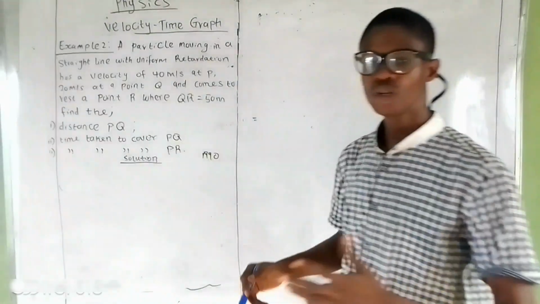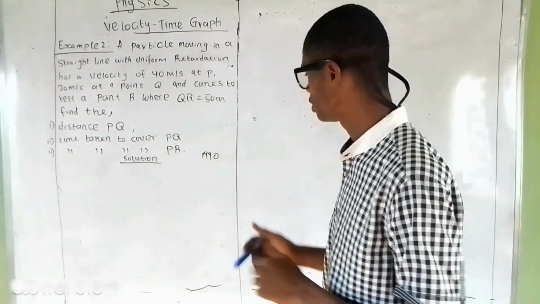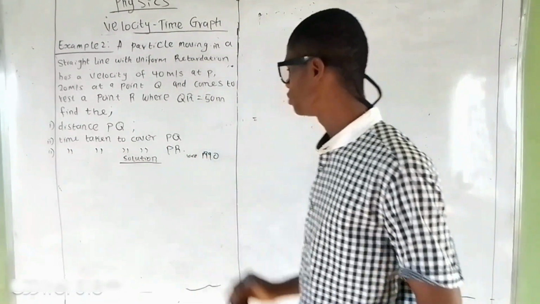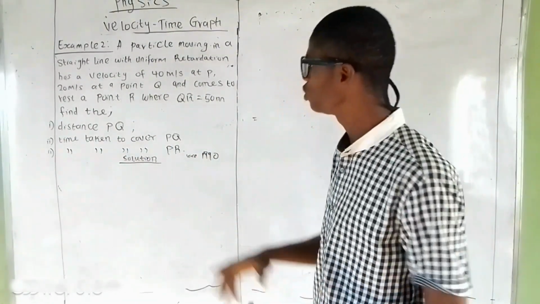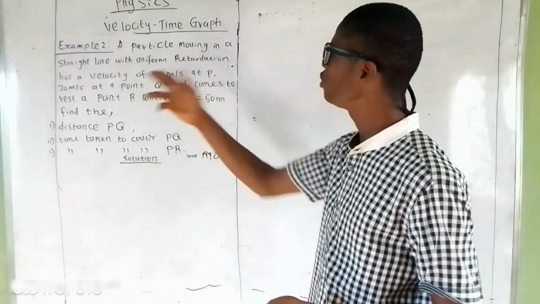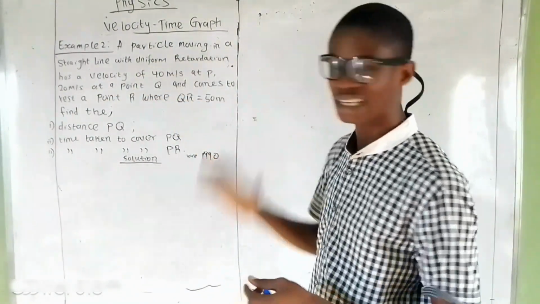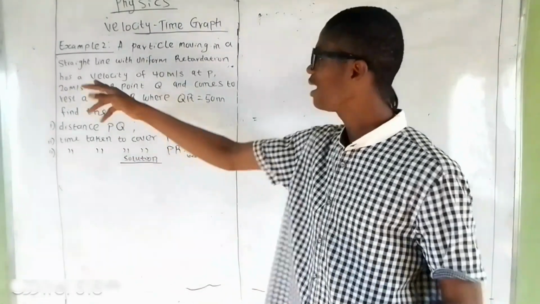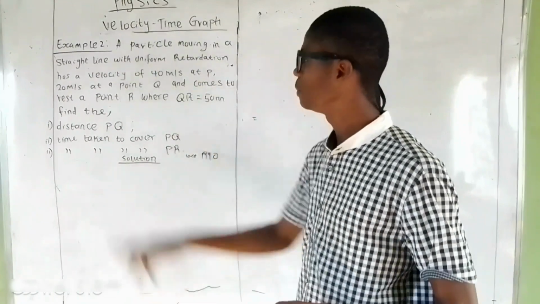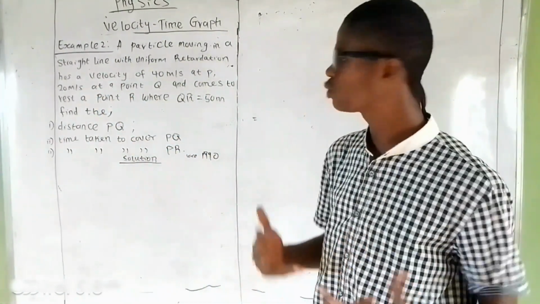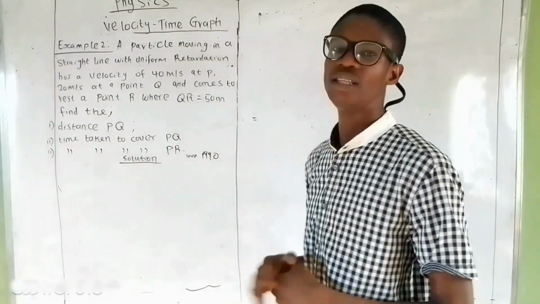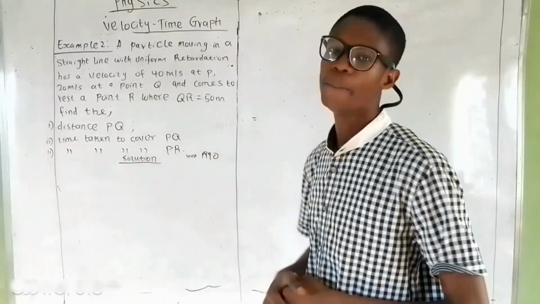Let's take another example. You want to see how you can solve another example, example 2 of WAEC, the WAEC 1990 question. So now, how can we solve this? They said a particle, or body, moving in a straight line with uniform retardation or deceleration has a velocity of 40 meters per second at P, 20 at Q, and comes to rest at R, where QR, the distance, is 50 meters.